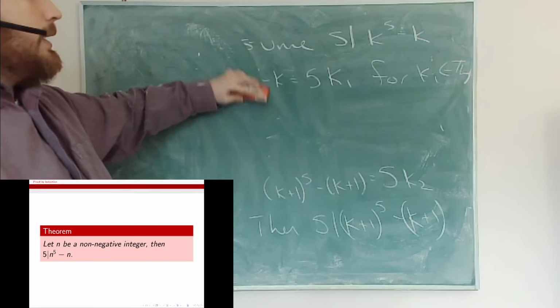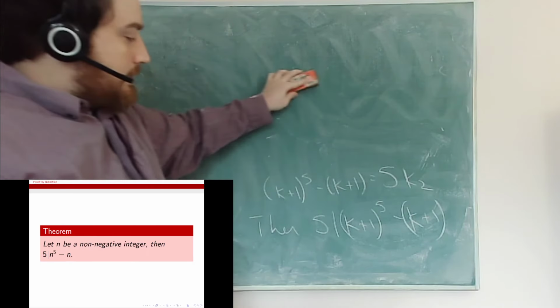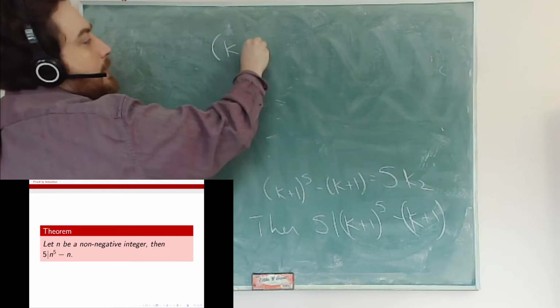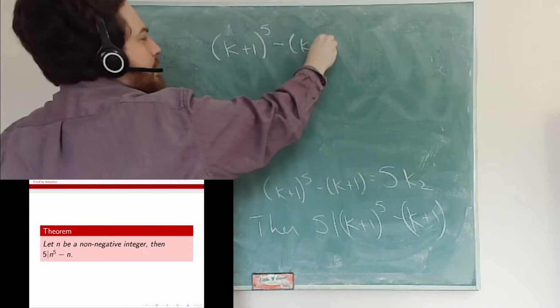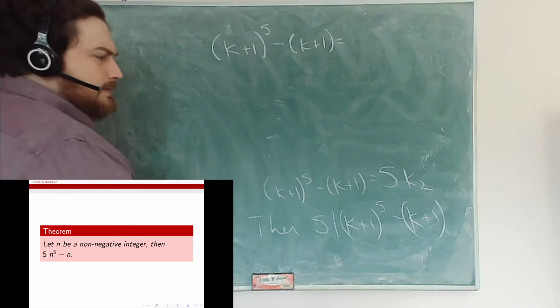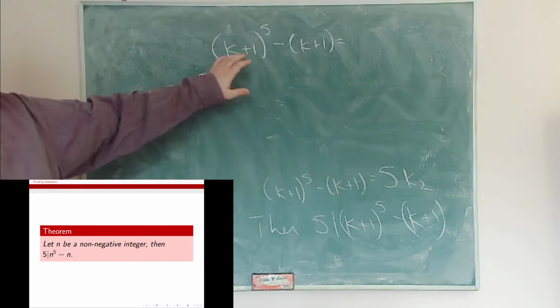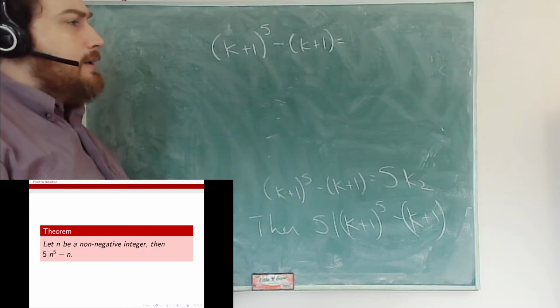Alright, because I'm going to need more room, hopefully we can remember this. So I'm going to go back and say, well, what is k plus 1 to the 5th minus k plus 1? Well, now if I need to find k plus 1 to the 5th, what is that going to be?